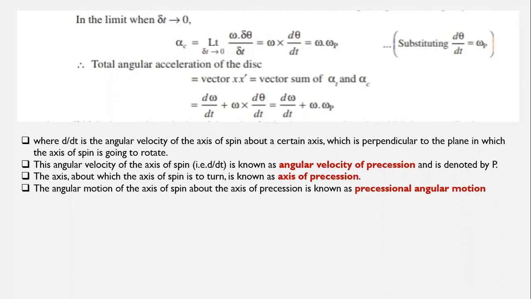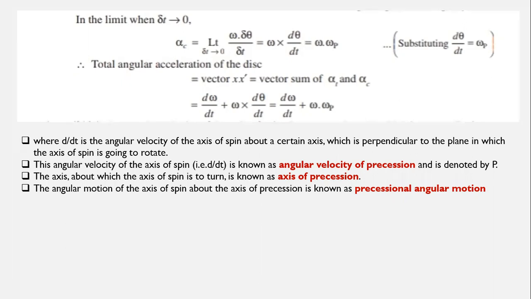But in later situations, that is in the problems, we are also adding the inertia to get the total angular acceleration of the disk. So this is the basic formula.